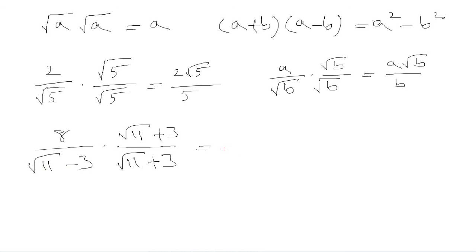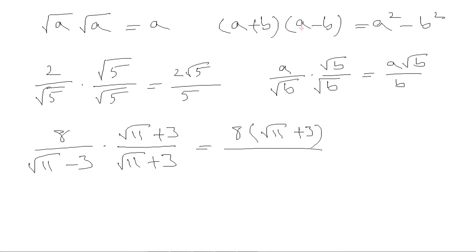Let's see how. So you get 8 times radical 11 plus 3. In the denominator, you had a minus b and multiplied by a plus b.